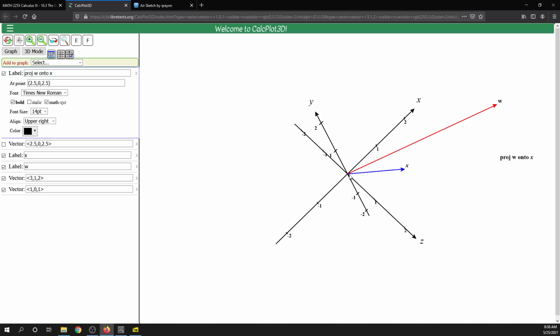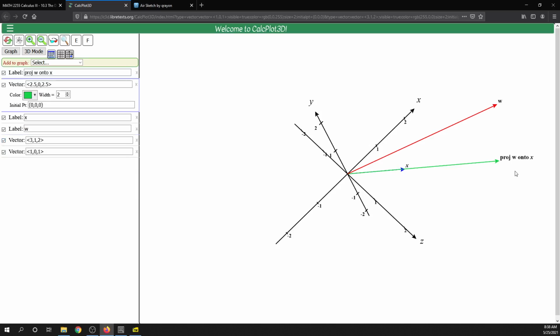And then the projection would go from the initial point of X out to that place where the perpendicular meets the extension. And you can see that is right there. So that looks exactly like what the projection of W onto X should look like.